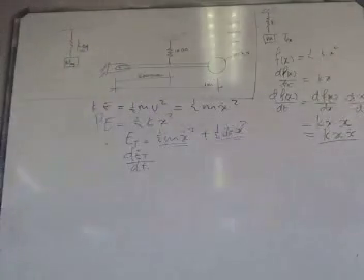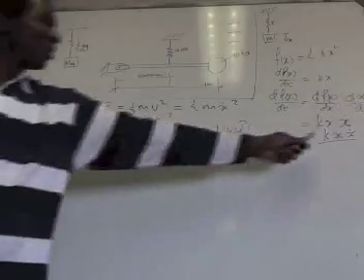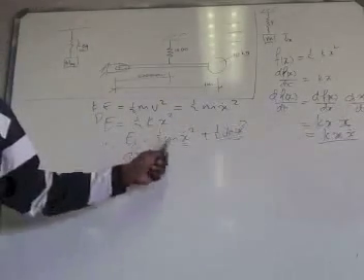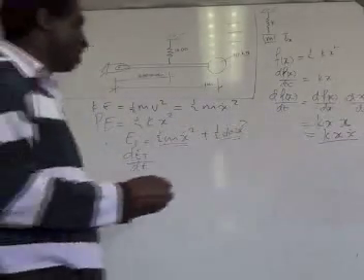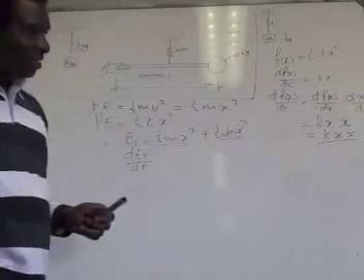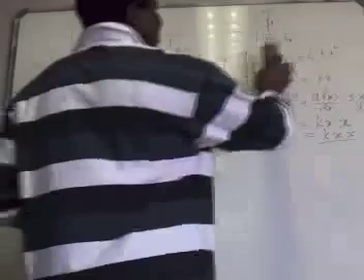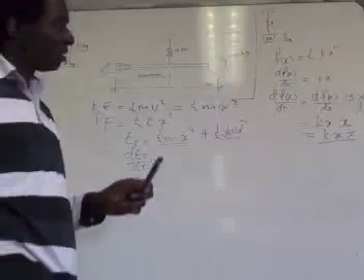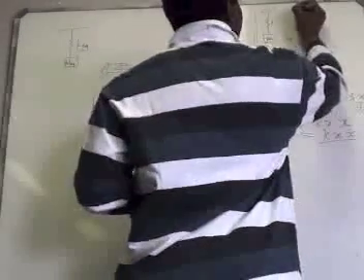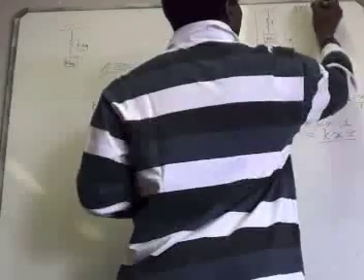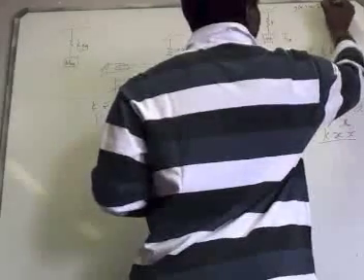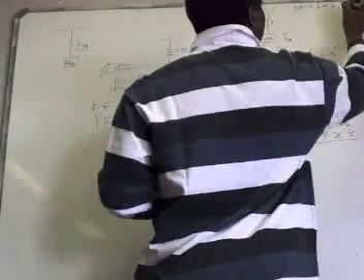Are we together? Yes. Now that I've told you, you can do it for the other one. Let's call it g(x) is equal to half m x dot squared.